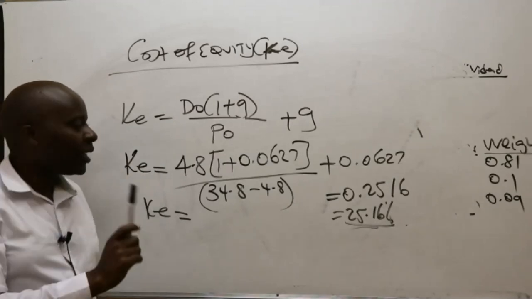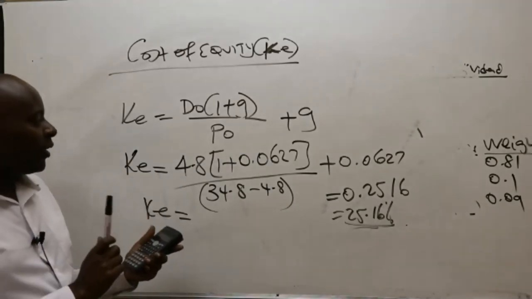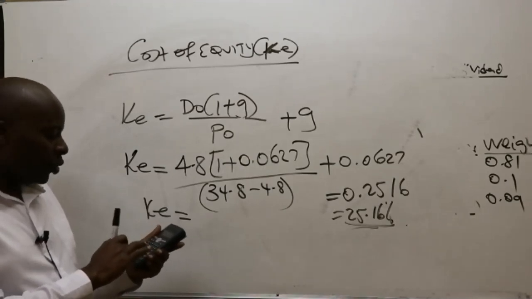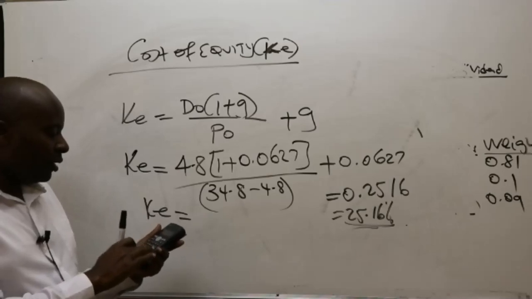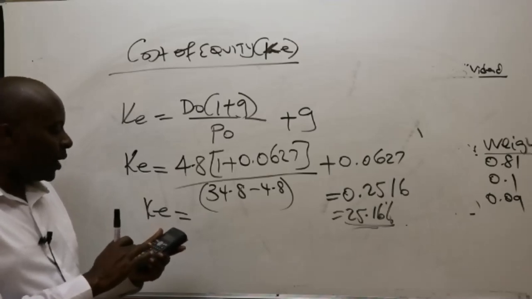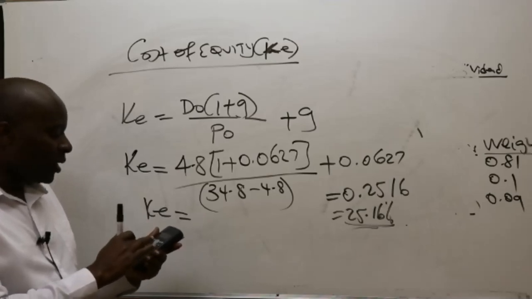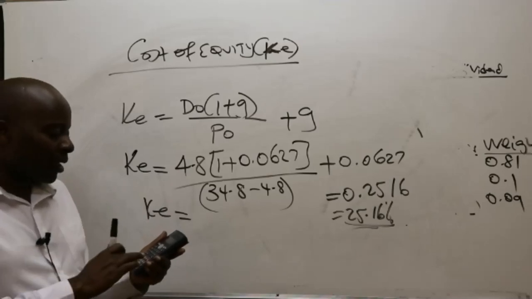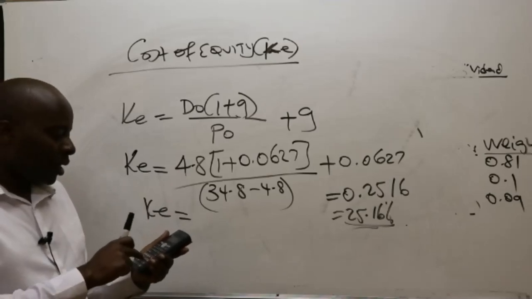If it's correct, let's work it out slowly. We have 4.8 times 1.0627 equals, divide this by open brackets 34.8 minus 4.8 close, equals 0.17 something, plus 0.0627.